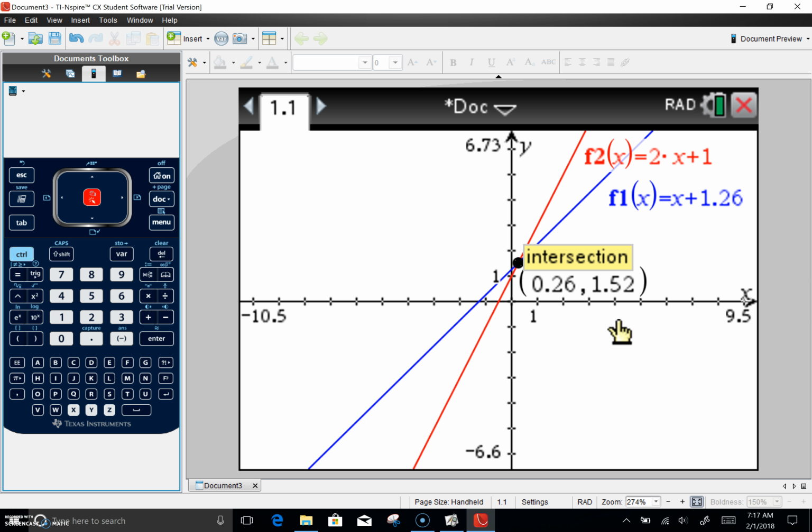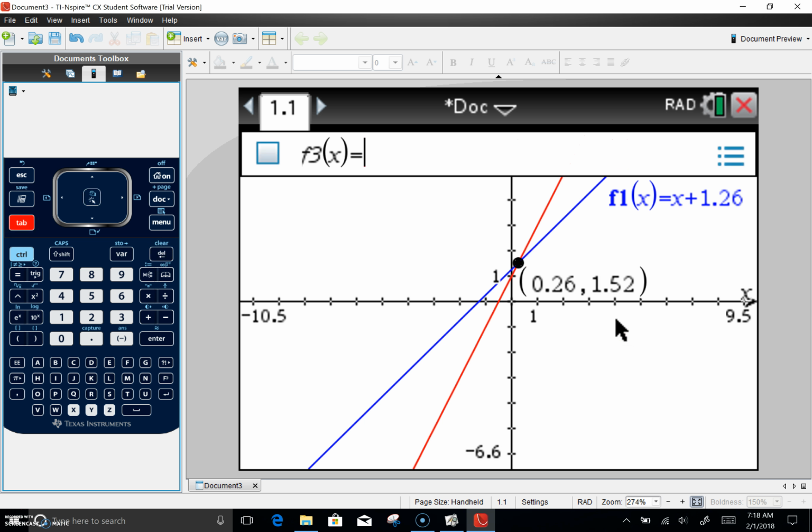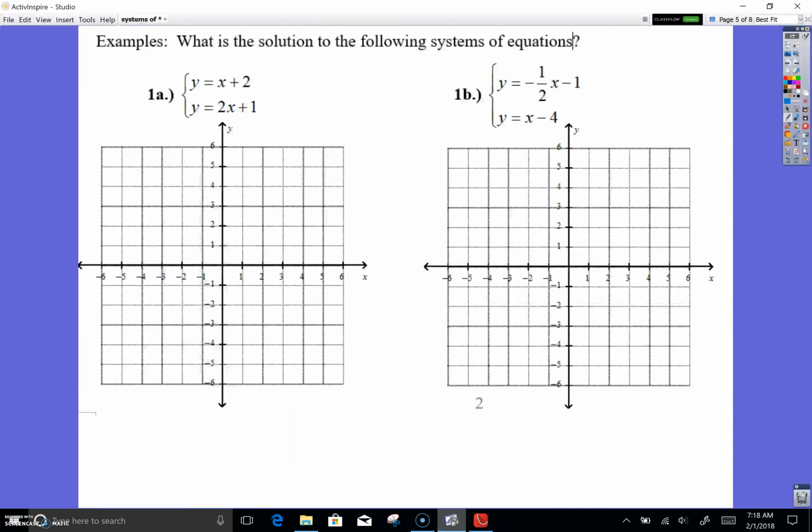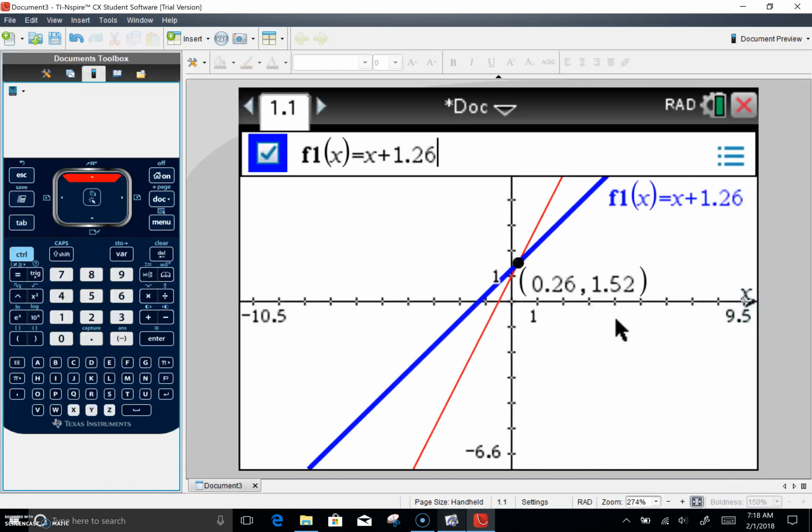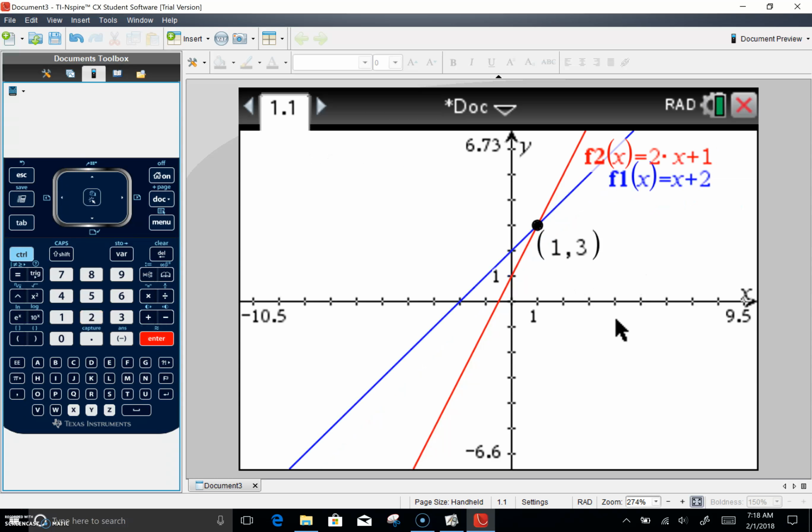Let's start all over here. My equation changed again. This should be x plus 2. Delete, x plus 2, enter. Okay, see, our intersection is 1, 3.